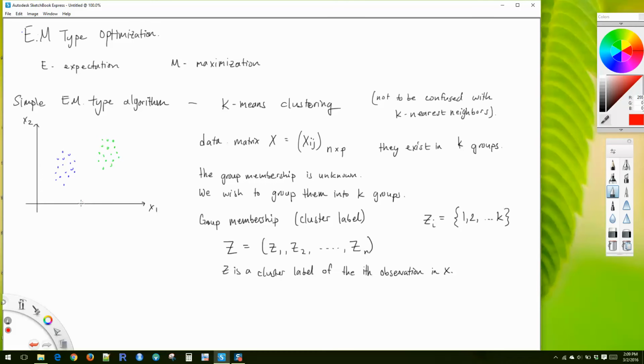Here we've got this circle of points, and these points have z sub i equal to 1, and these have z sub i equal to 2. So in this case k is equal to 2.